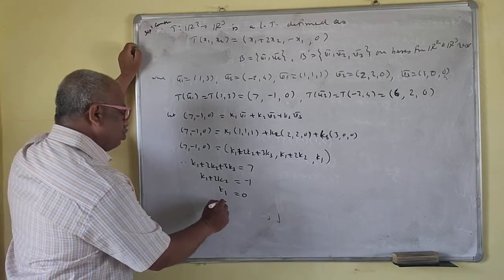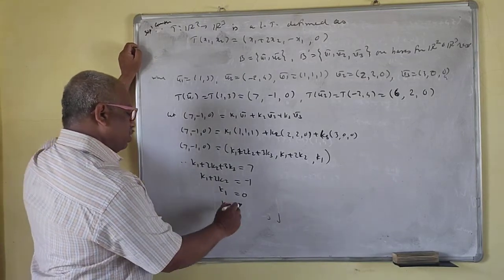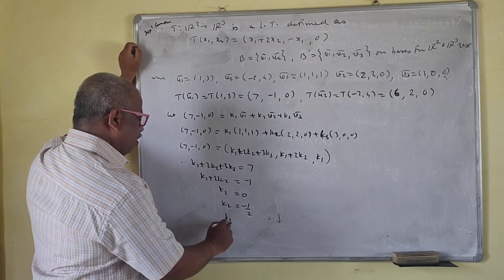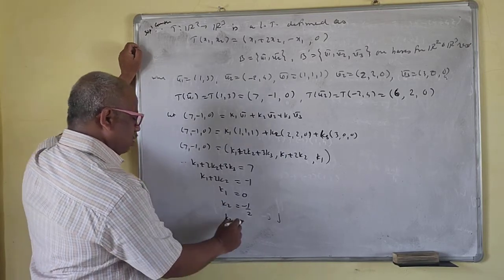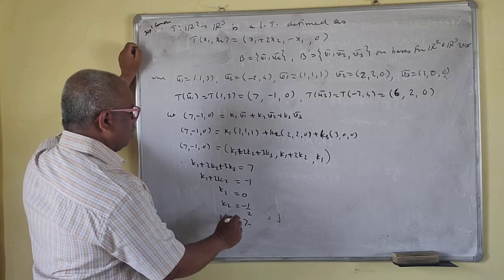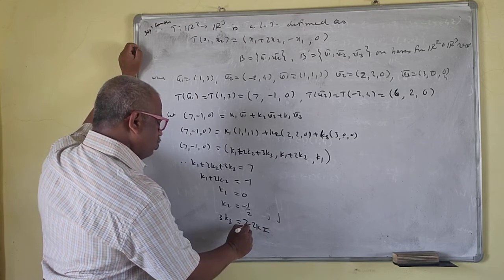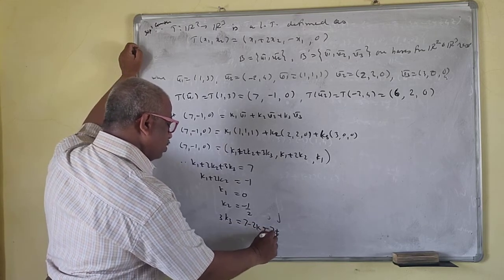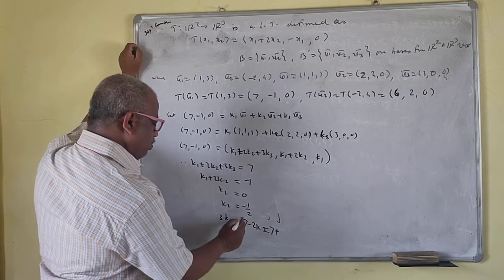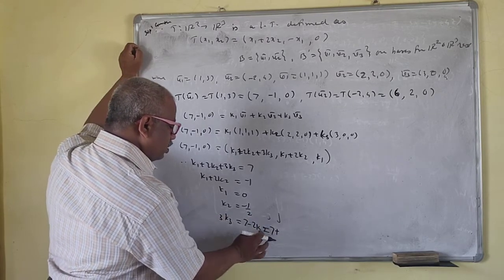So K1 is equal to 0 implies that K2 is equal to -half, and your K3 will then be, 3 K3 equals 7 minus twice K2. So we have to multiply this by 2, this is twice K2.